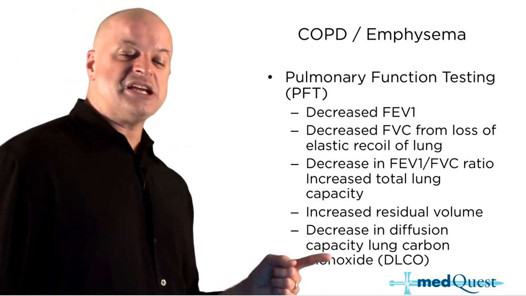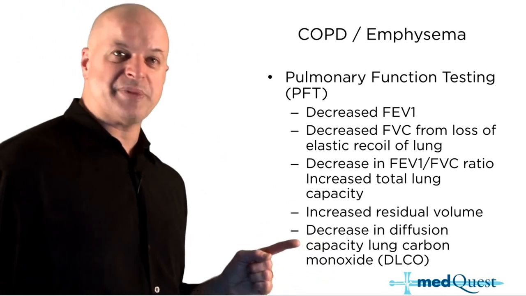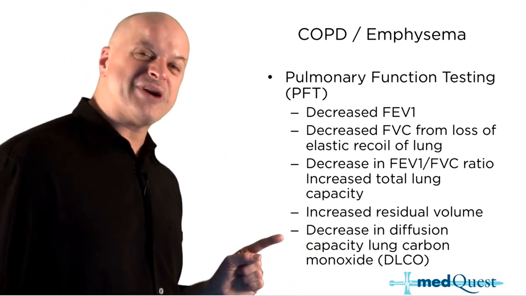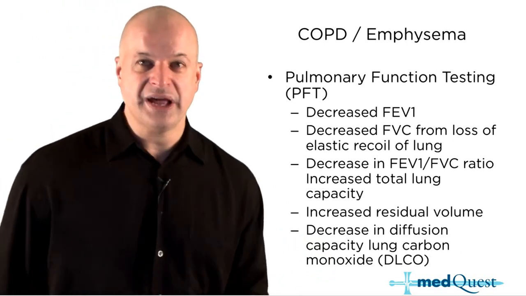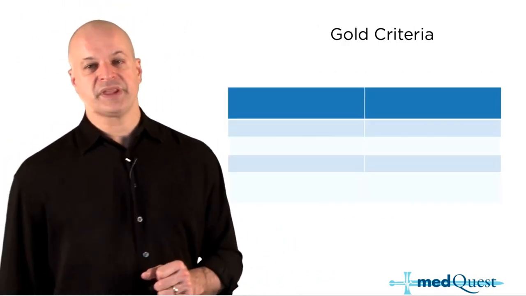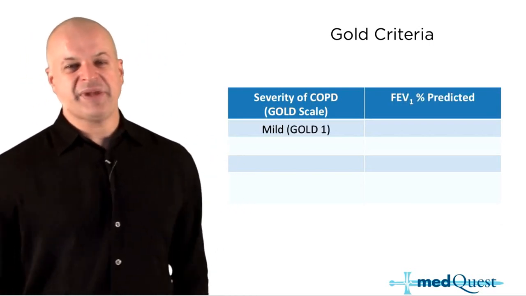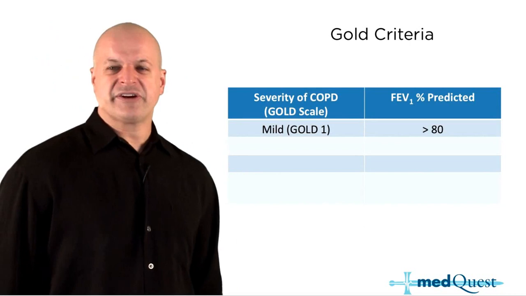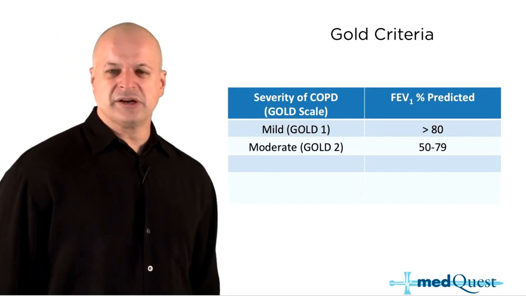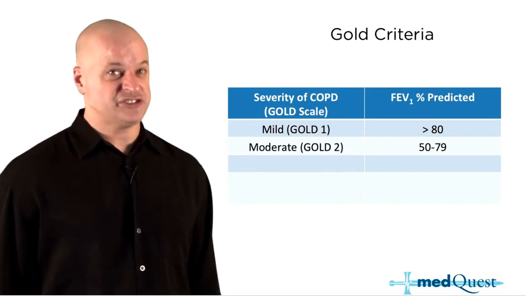And you get a decrease in your carbon monoxide diffusion capacity because your lung parenchyma has been destroyed. Now these criteria, I hate making people memorize names like this, but that's the name. It basically says that your FEV1 stays up there, but your FVC is down.